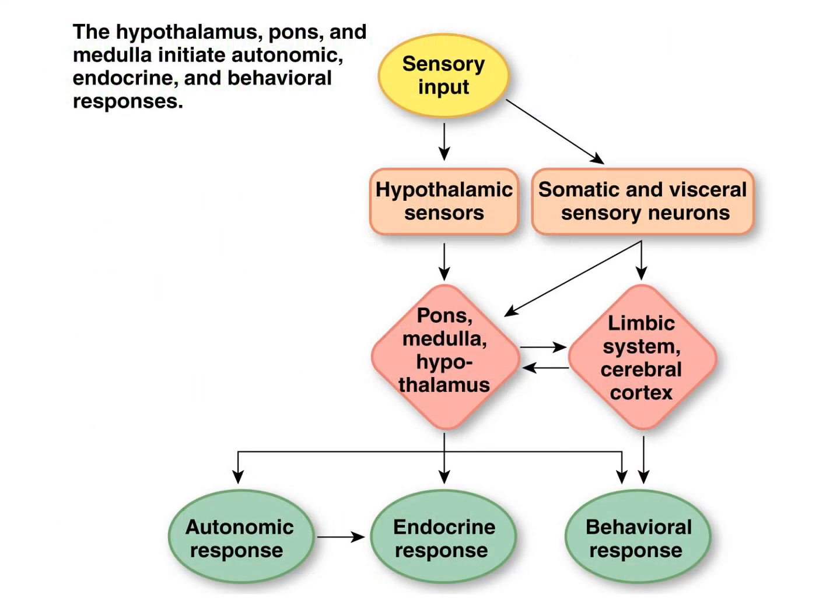So what you have going on here is part of a reflex signaling pathway. You have some sensory input. That sensory input can be from sensory organs, or it can be from behavioral stimuli, leading to responses either in the hypothalamus, leading to endocrine responses or complex behaviors, autonomic responses.